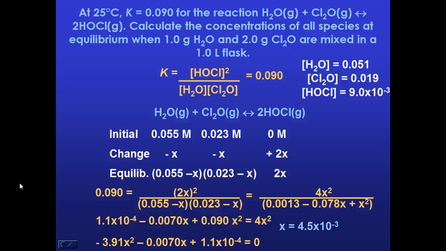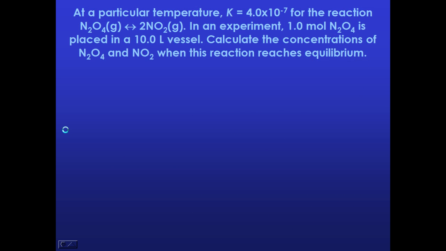In this problem, because of how close they are, they're in the same decimal place, 0.09 to the hundredths, and 0.05, 0.02 for the reactant concentrations. That wasn't plausible. But in our last example, we're going to see that the K value is pretty small this time, 4 times 10 to the negative 7th, and we're dealing with concentrations that are in the tenths.